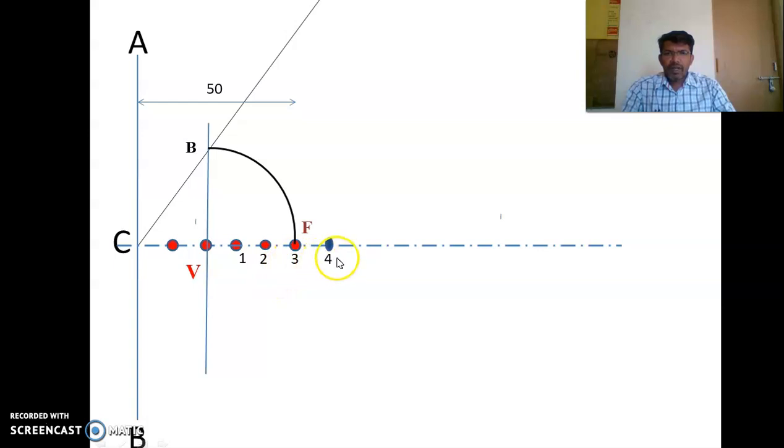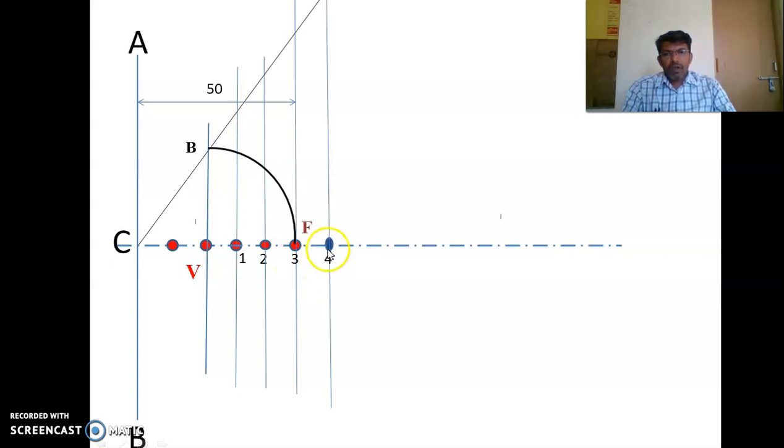After locating the equal distances from the vertex point on the axis, draw lines parallel to VB from the equal points 1, 2, 3, 4. After drawing these lines, locate the points as 1 dash, 2 dash, 3 dash, 4 dash.